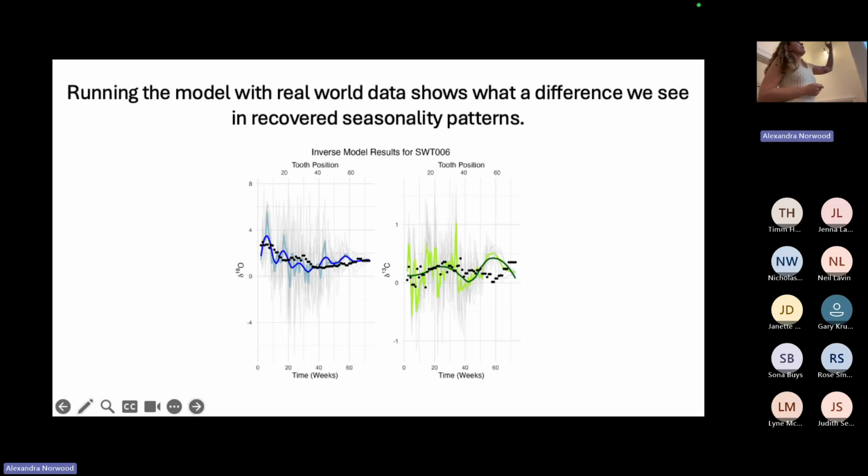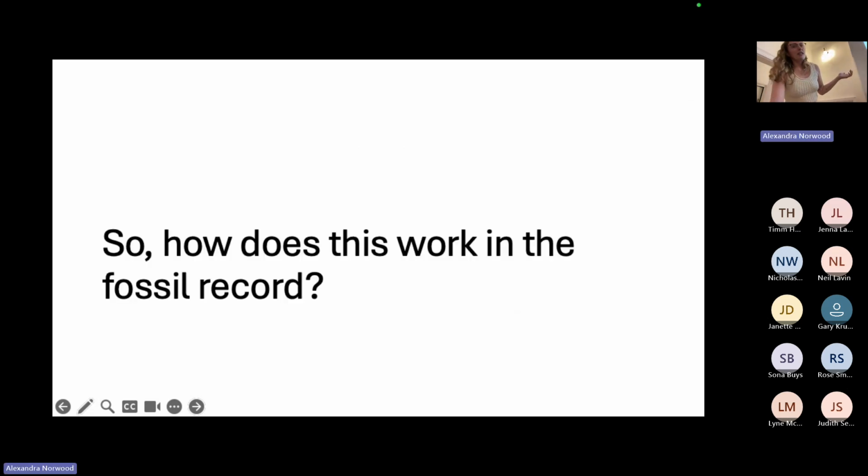But then when we run it through our model, we start to see these actual curves, right? In weeks that tell us when it was raining, when grass was changing, that this zebra was affected by it isotopically. So what does that mean for the fossil record?